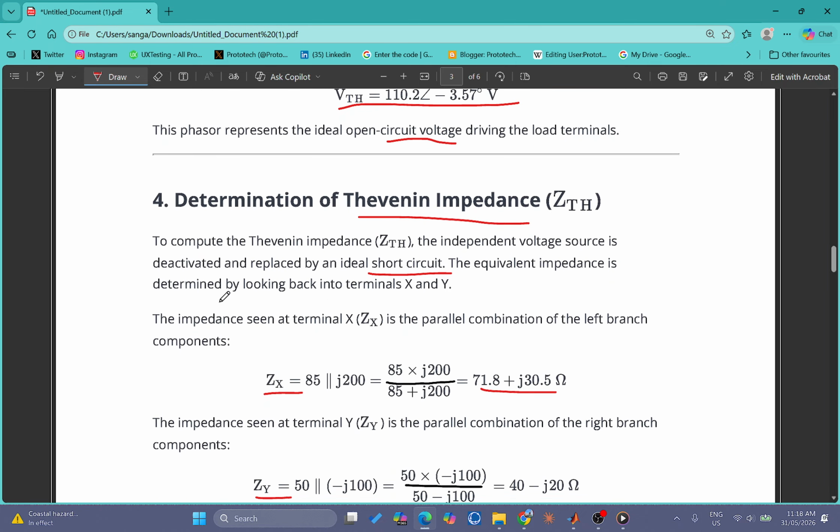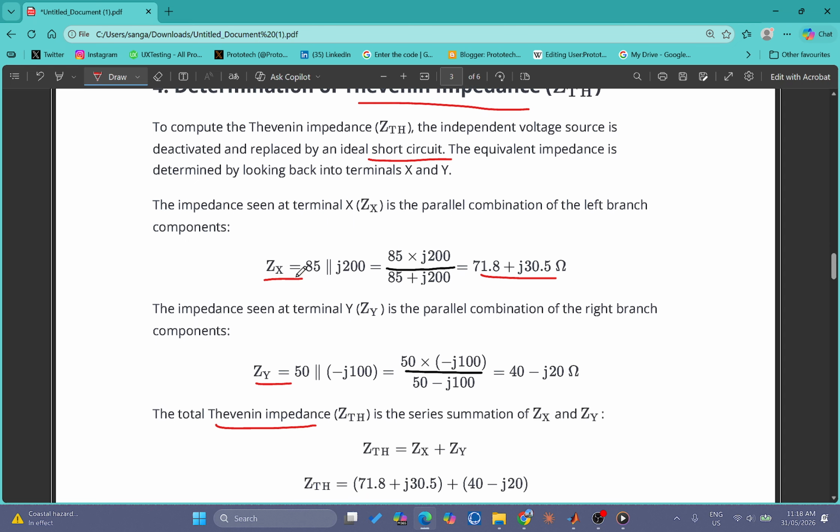Next is the determination of the Thevenin impedance. We have to find the Thevenin impedance, which is ZTH. To find it, first we find the impedance at the X branch and the impedance at the Y branch.